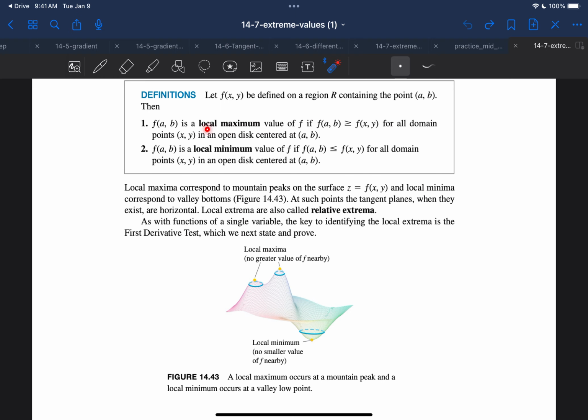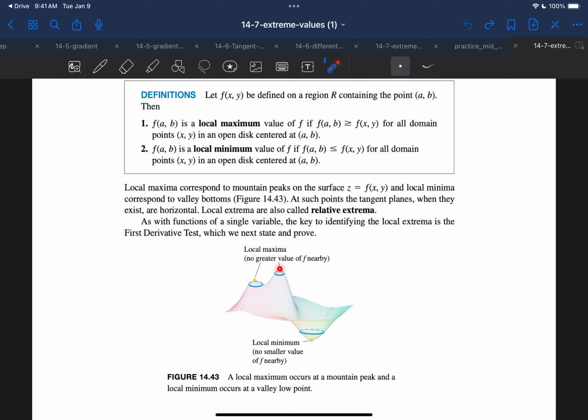And by local maximum, we mean the point (a, b) whose function value is greater than or equal to all other values in an open disk centered around (a, b). So intuitively speaking, local maxima correspond to mountain peaks on the surface z equals f of x, y. This point is a local maximum because you can draw a neighborhood of this point, and within this region, the point has the greatest value.